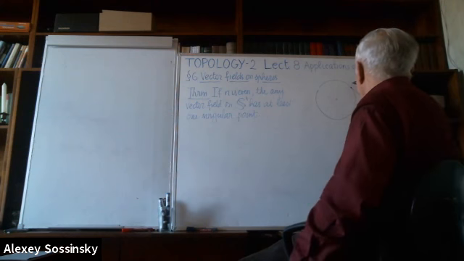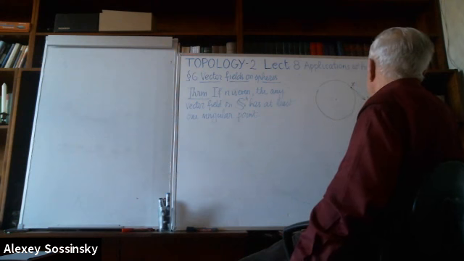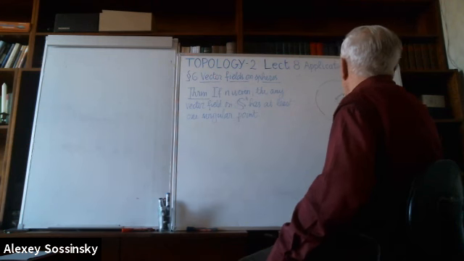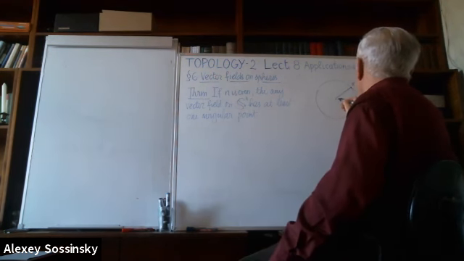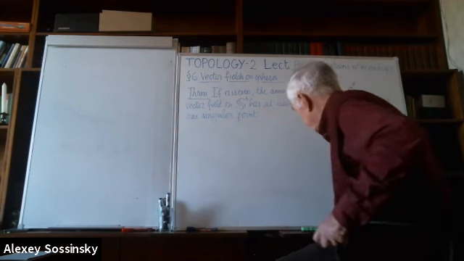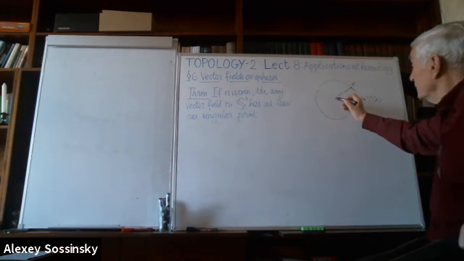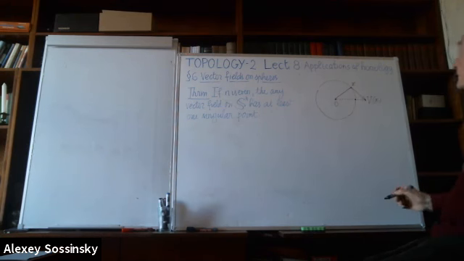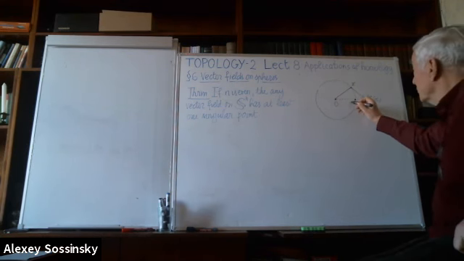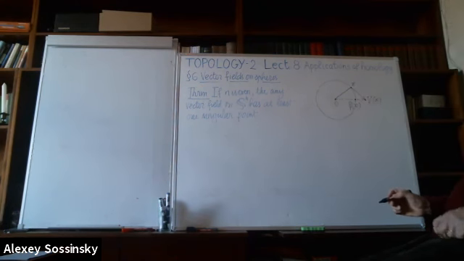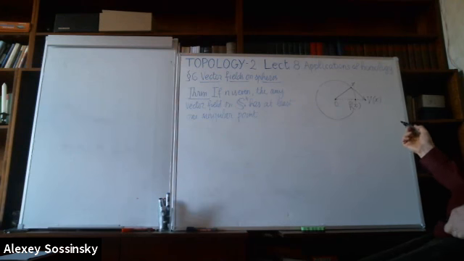So this is point x, this is v of x, which is non-zero. Then we do the following. We join the extremity of the vector v of x with the center of the sphere. And it intersects the sphere at some point, which we call f of x. Obviously, the map f is continuous.